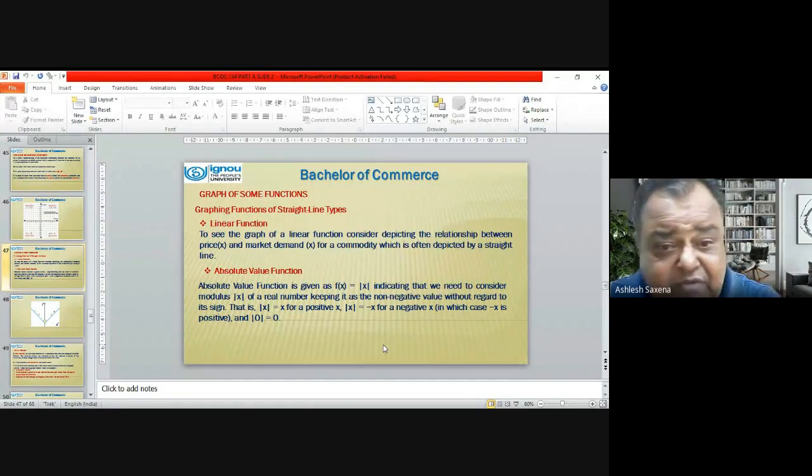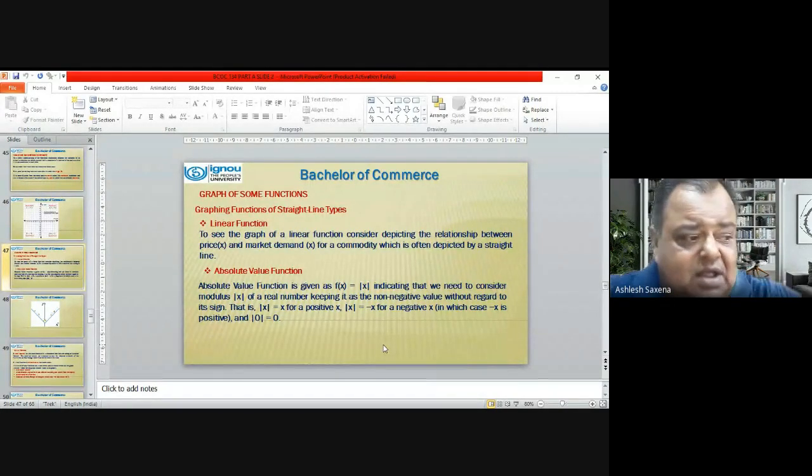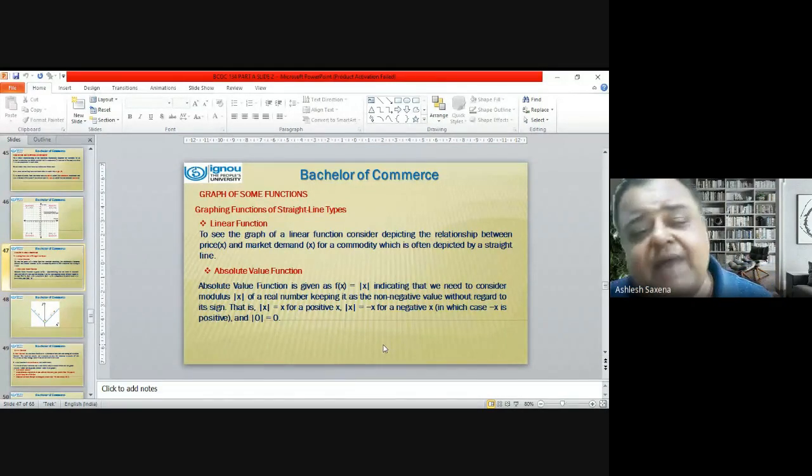To see the graph of a linear function, consider depicting the relationship between price and the market demand for a commodity, which is often depicted by a straight line. Price increases, demand increases, or it comes down. It's a straight line. Then comes your absolute function. Whatever be the value of x, it will always have a positive value.